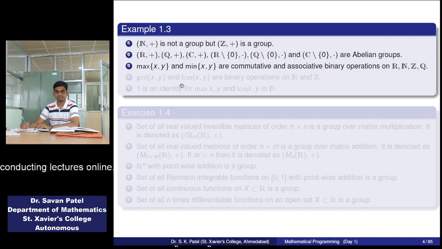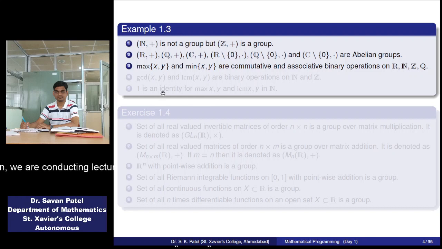Again, minimum of x and y, maximum of x and y are commutative and associative binary operations on R, N, Z and Q. But with respect to maximum or minimum, none of these is a group, because if we talk about the set of all real numbers, there does not exist an identity with respect to the maximum as well as minimum.